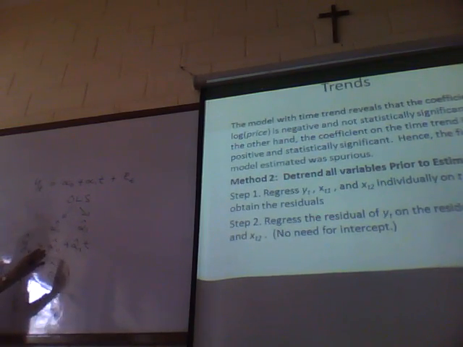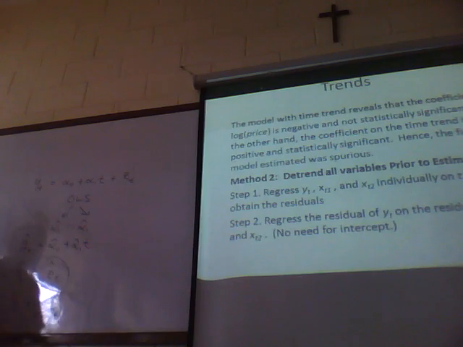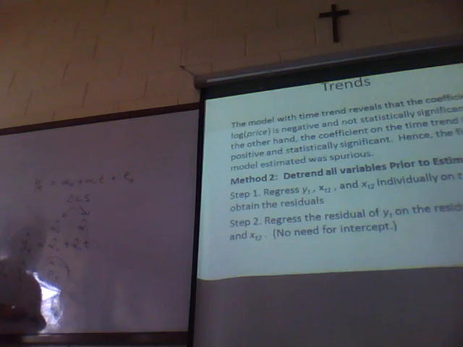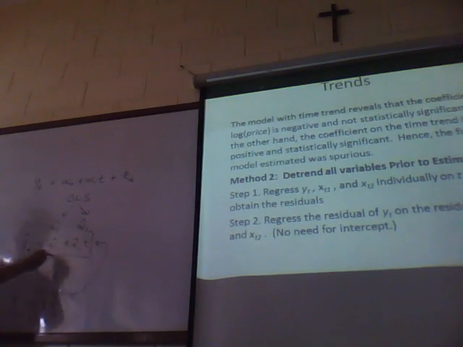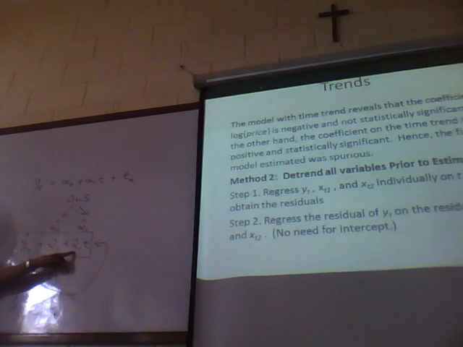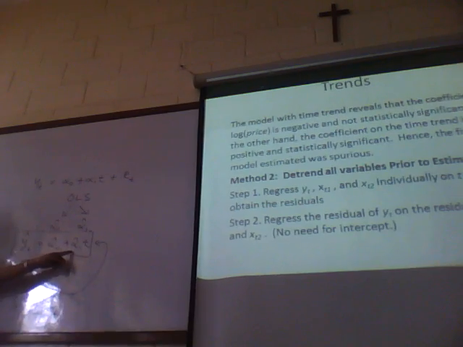We knew that already. But what can you see here? Y hat, this part of the original series y, is this. And notice that this part here is a function of time. Right? And we say a linear function of time.